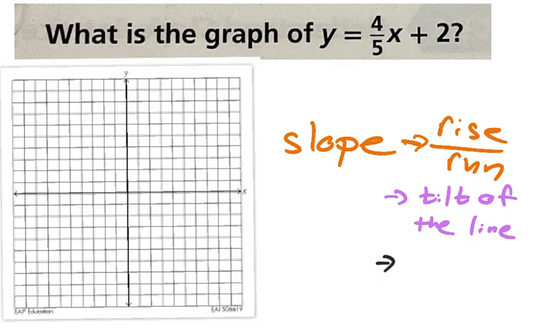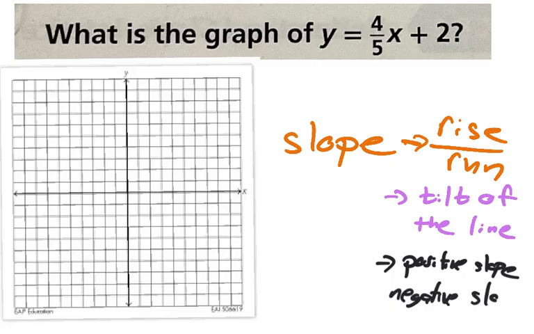So what about the difference between positive slope and negative slope? Positive makes the line go up. In what way? Like starts in the bottom left and goes up.